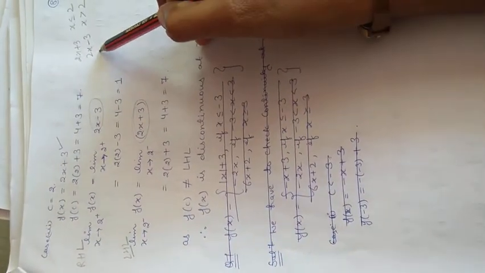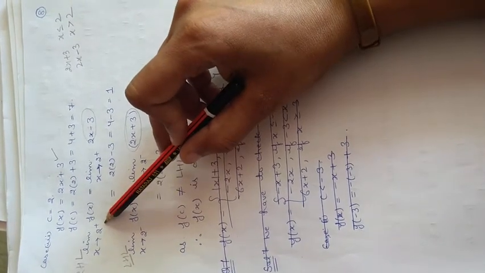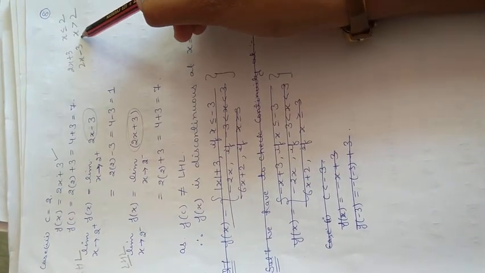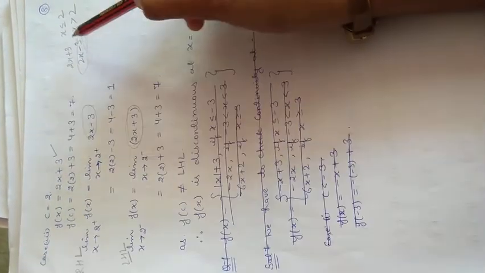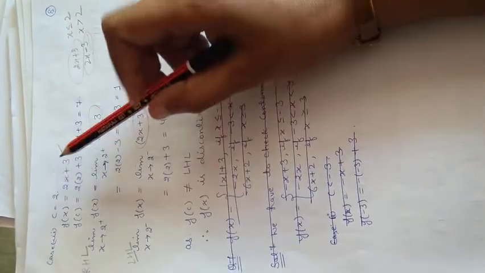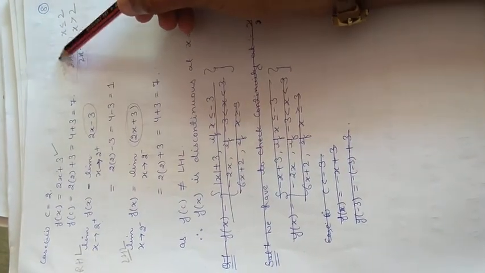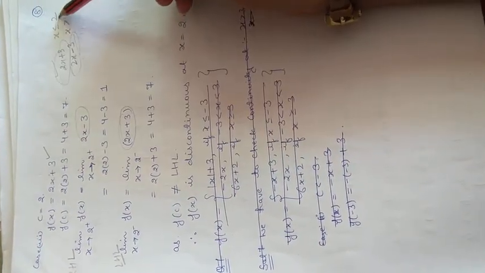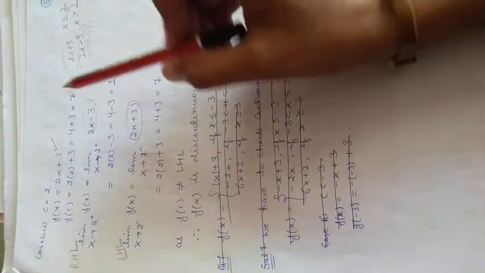So now as per these conditions, when I am moving to right hand limit this is greater than, so this function I will use. When I will move for left hand limit I will use this function, and when I am just putting the value I will use this function, because here value is equal to 2. So let's start now to put the values.